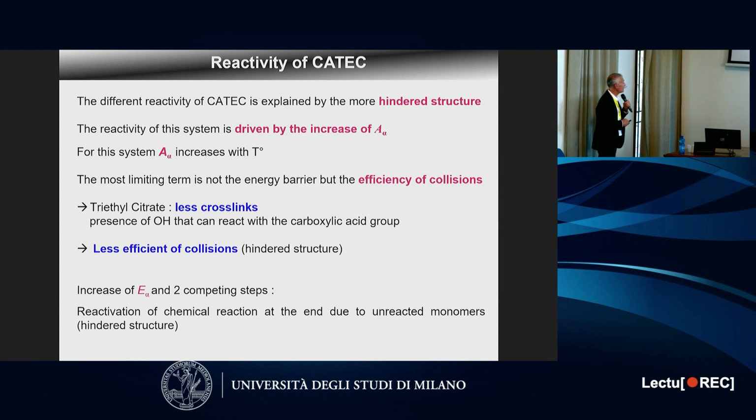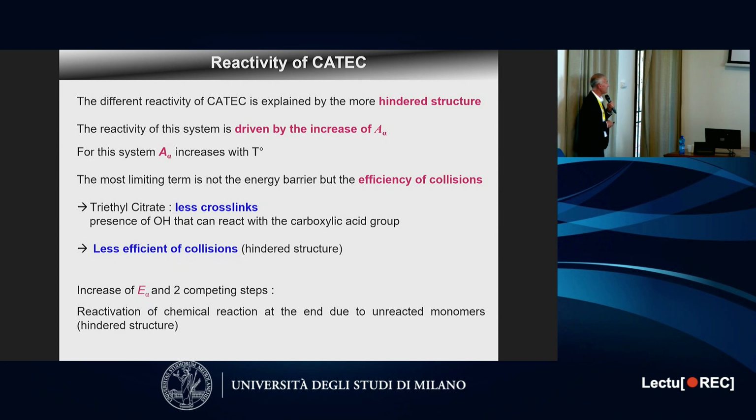And the most limiting term is not the energy barrier, but the efficiency of collision. Because we have this triethyl citrate that has an OH group, in fact, we have less cross-linking because this OH group can react with the carboxylic acid group.